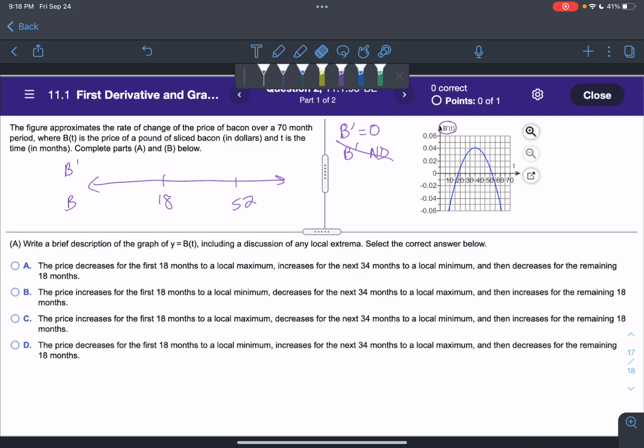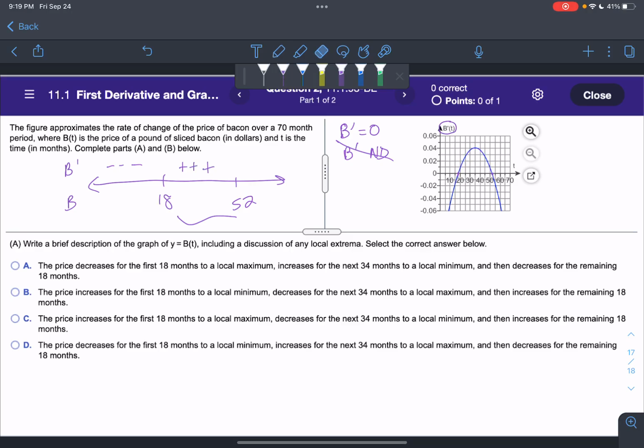Okay, and so we need to look at the behavior of the derivative to the left of 18, our first partition. So our derivative is negative to the left. All right, and then to the right, in between 18 and 52, notice our derivative is positive, or our graph is positive.